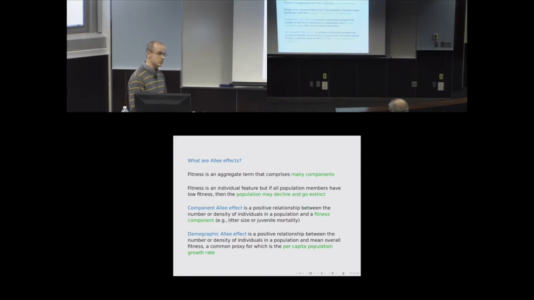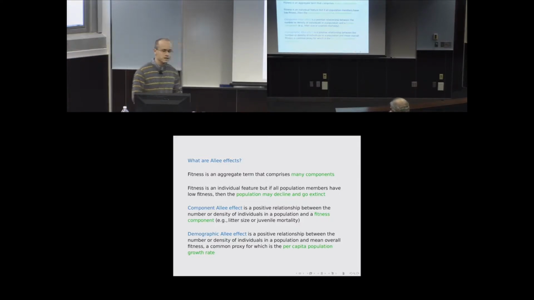And about 15 years ago, Phil Stephens and other persons decided to make a more precise definition of Allee effects, realizing that fitness is essentially an aggregate variable that comprises many components, and that when fitness is low in all or many population members, then the population may not fare very well and may go extinct. So what they did is define component Allee effects and so-called demographic Allee effects.